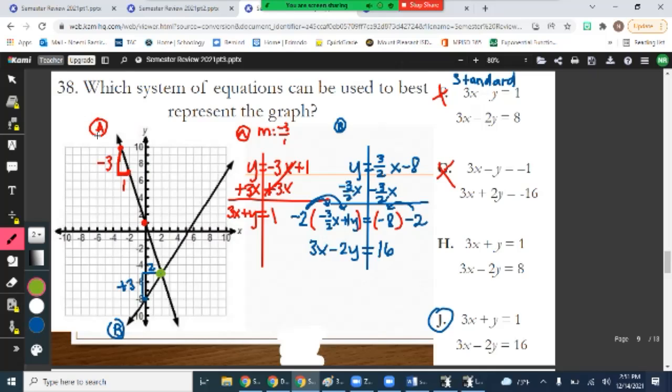Now they intersect where? 2, -5. They intersect at 2, -5. Now, all of your equations are in standard form. So how do I find the point of intersection when something is in standard form? I use what?